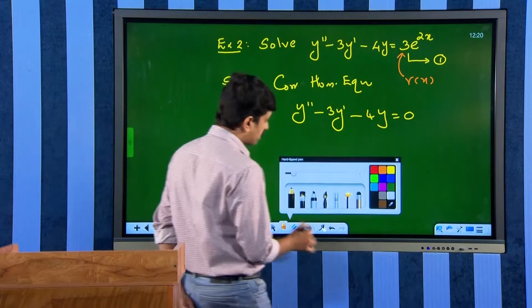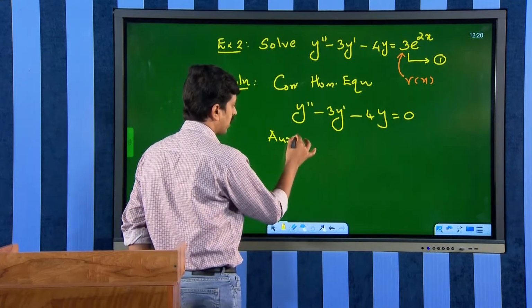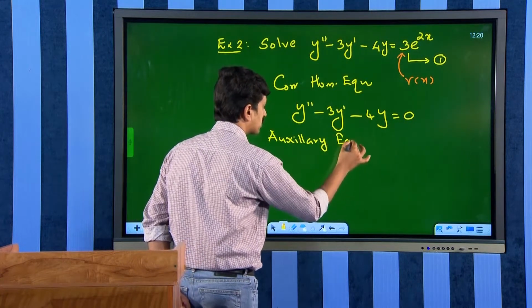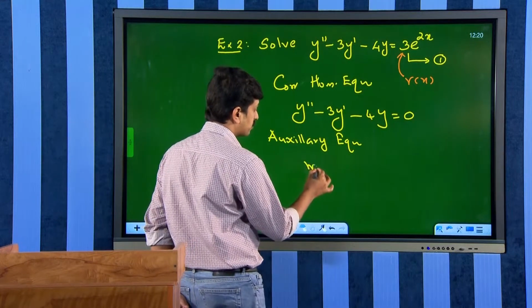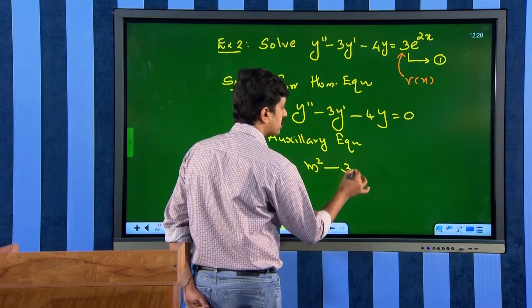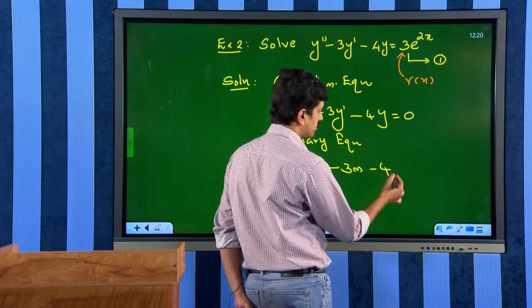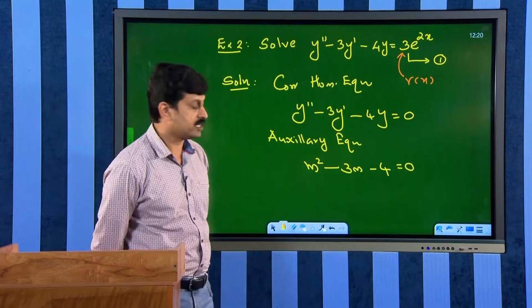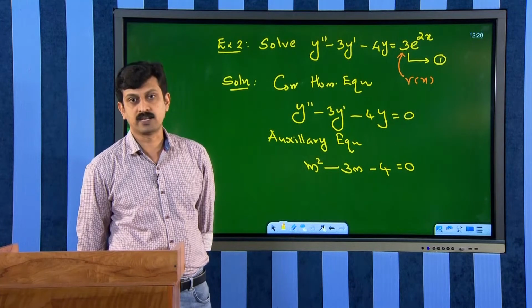To solve this, we can write the auxiliary equation, which is m square minus 3m minus 4 is equal to 0. So we have to find two values whose product is equal to minus 4 and whose sum is equal to minus 3.